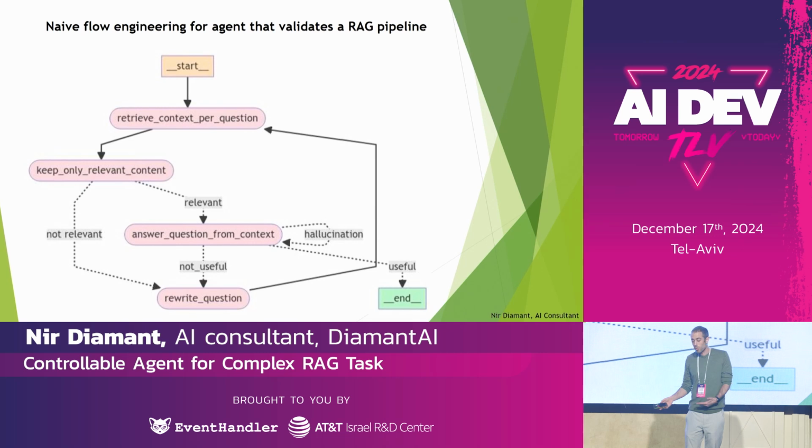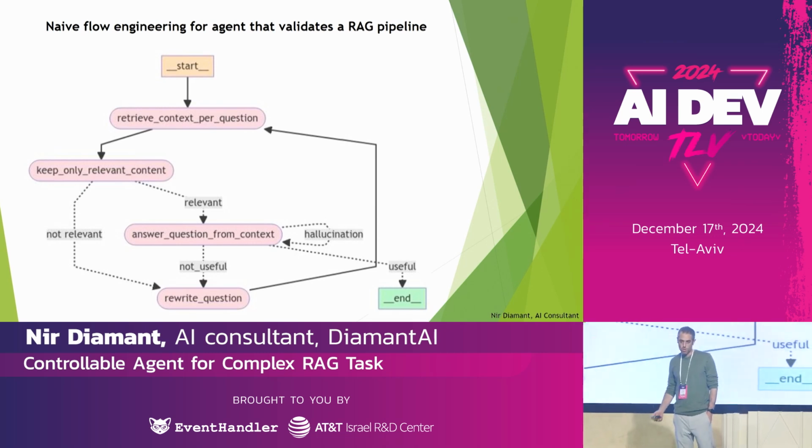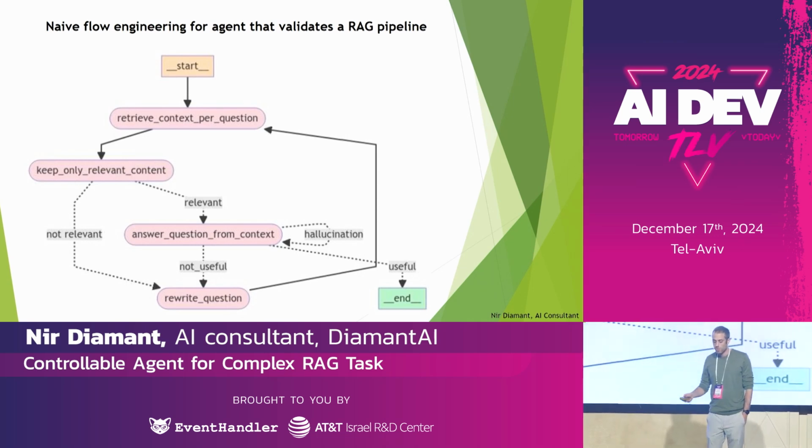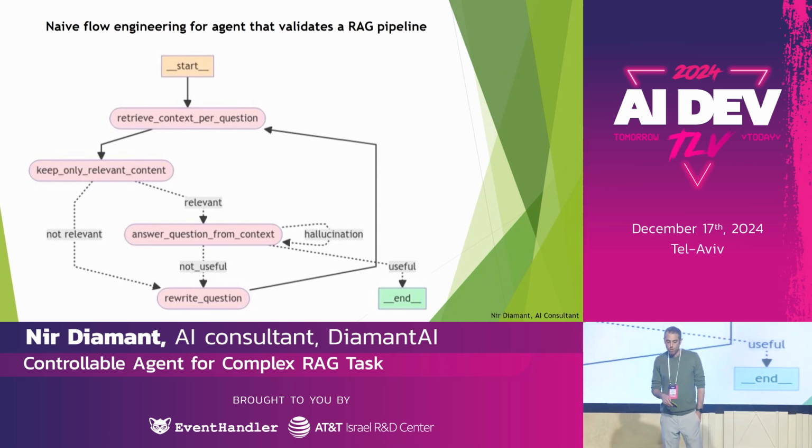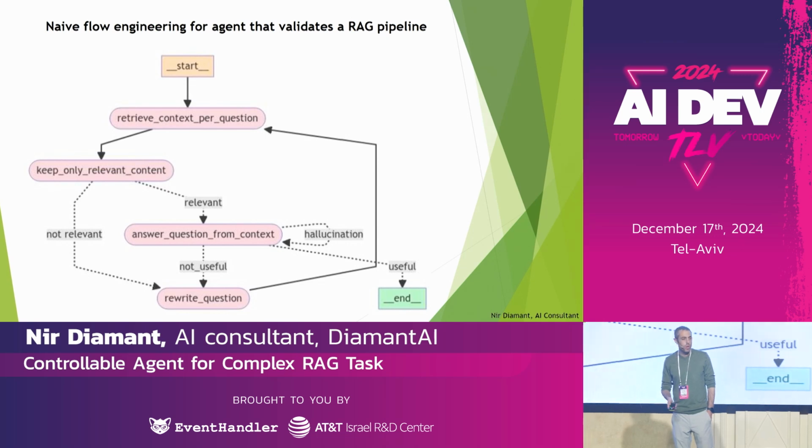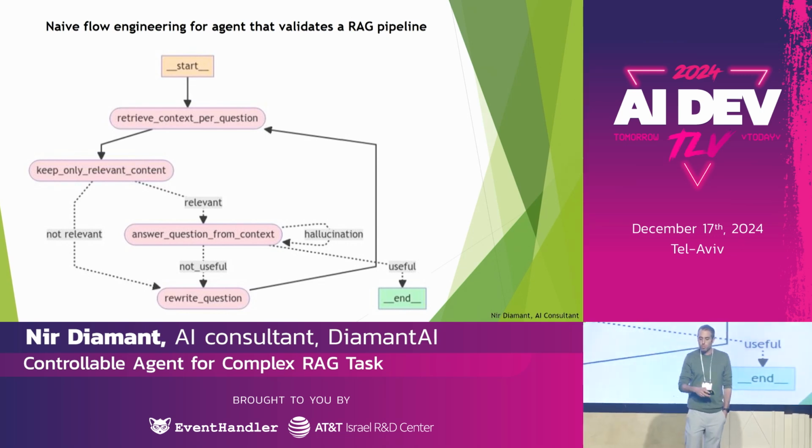Then we check: is the context that we drew from the vector store relevant for the query? If yes, answer, and verify it's not hallucination. If it's okay, we're done. If it's either not relevant or not useful, we can rewrite the query, go back for another loop, try it again, and continue like this.